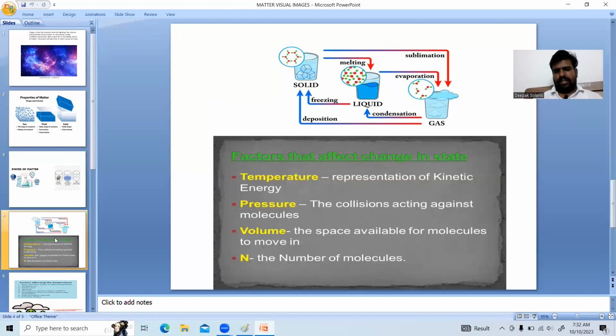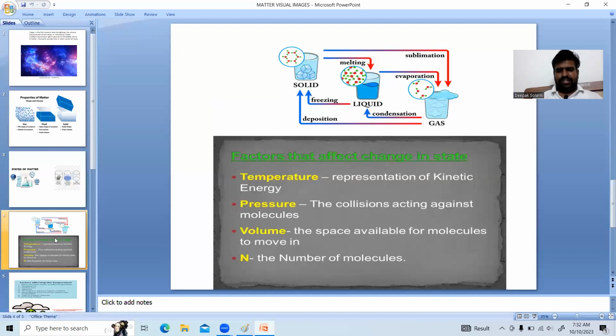From liquid to gas we can change by evaporation. If we want to change solid directly to gas, the process is known as sublimation. Liquid to solid is done by freezing, and gas directly to solid is known as deposition.